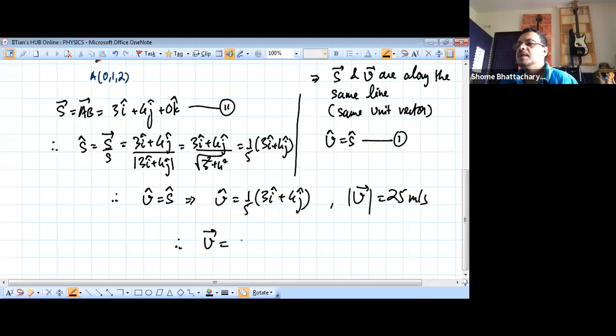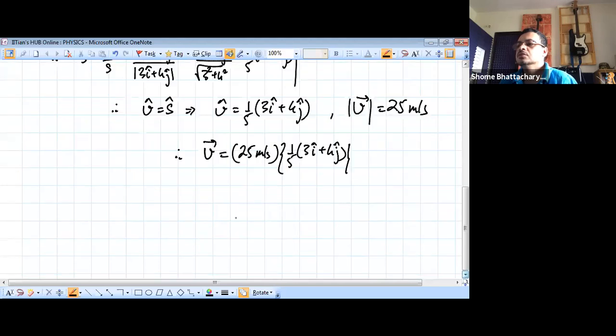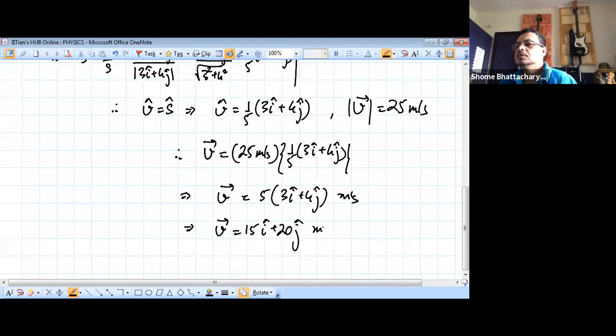It should be the magnitude, which is 25 meters per second, multiplied by the unit vector, which is this. So the velocity should become 5 into 3 I cap plus 4 J cap in meters per second, or you can also write it as 15 I cap plus 20 J cap in meters per second. This becomes my velocity.